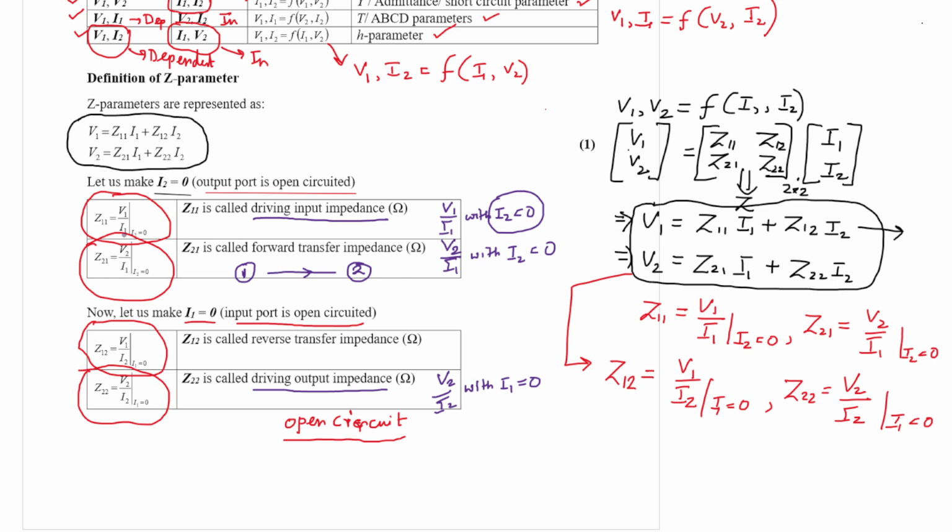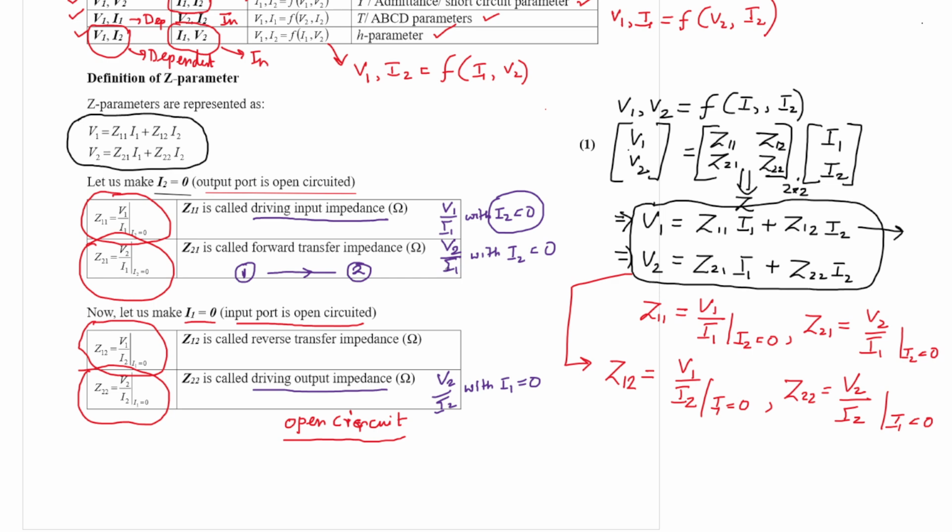In this case, Z21 is actually V2 by I1. If you think about this dimensionally, the ratio is output by input, with output as V2 and input as I1.